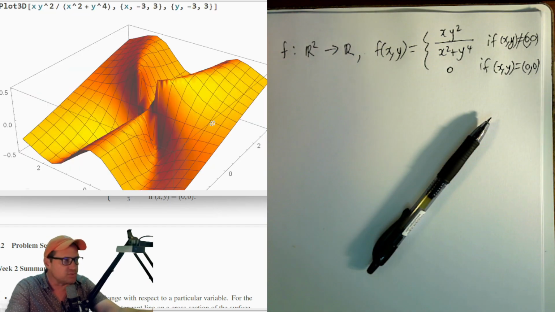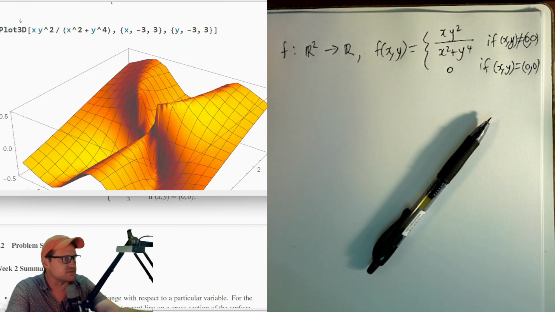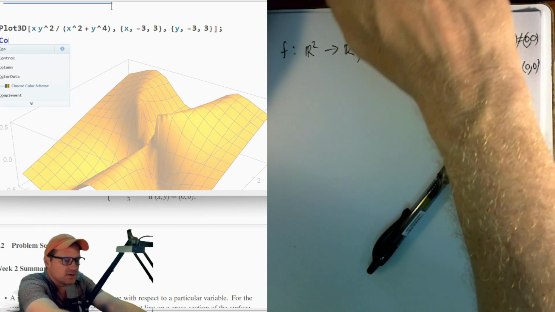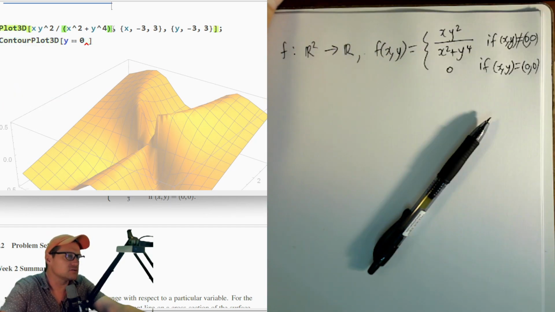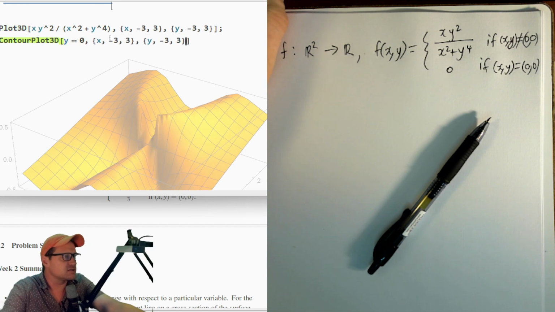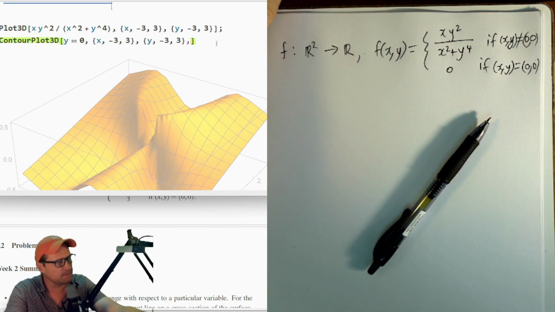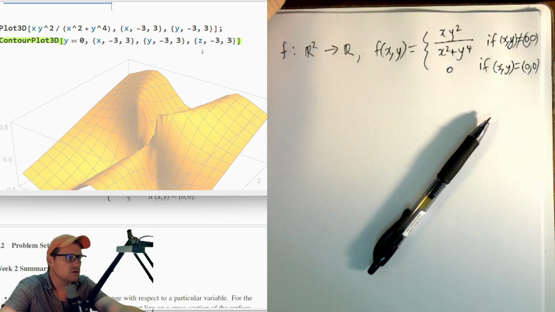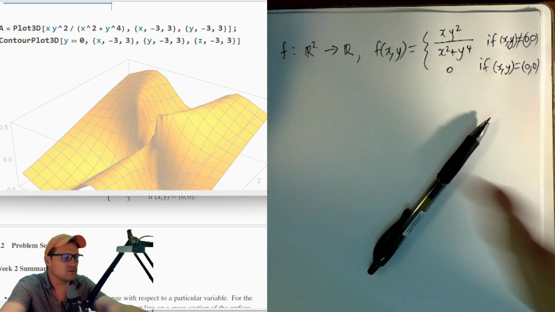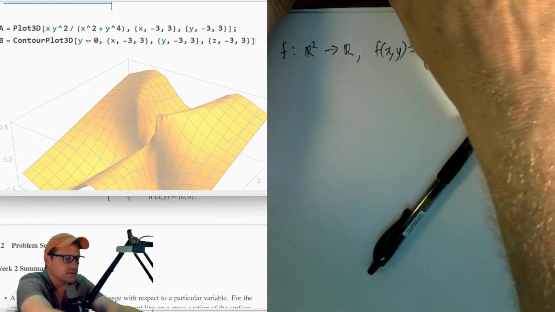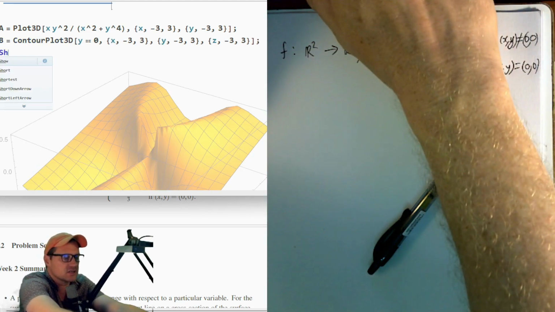Let me also plot the two paths. So I'm going to write ContourPlot3D, and then I'll take these, paste them in there, and then I'll take a Z range as well. Okay, and so let's call this one A, let's call this one B, and then let's display the two of those together.